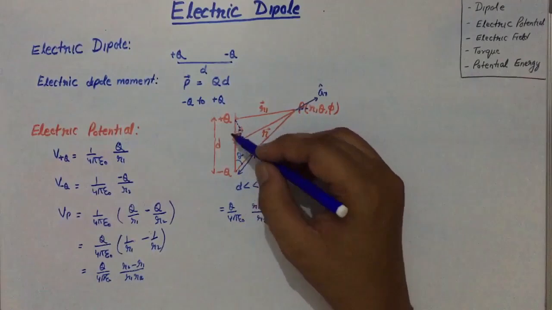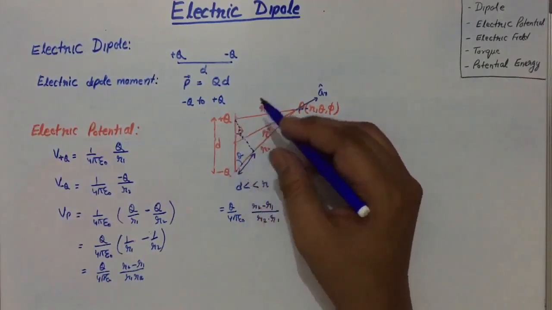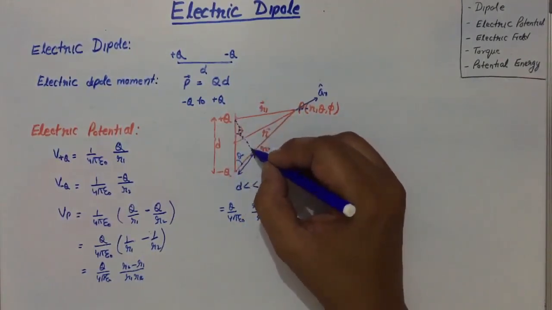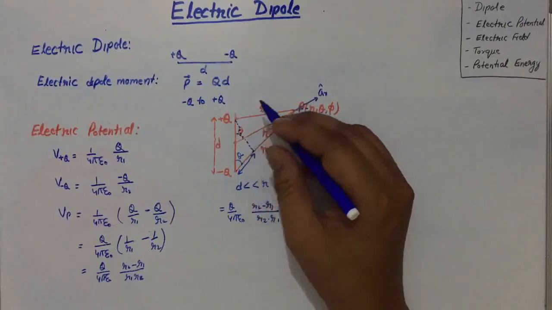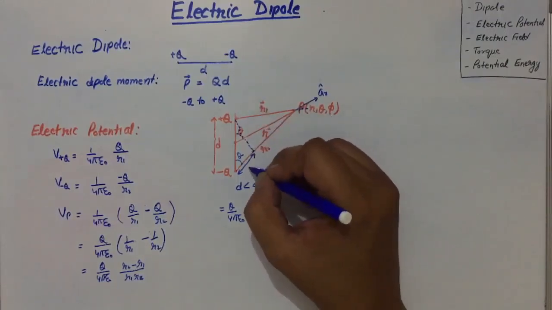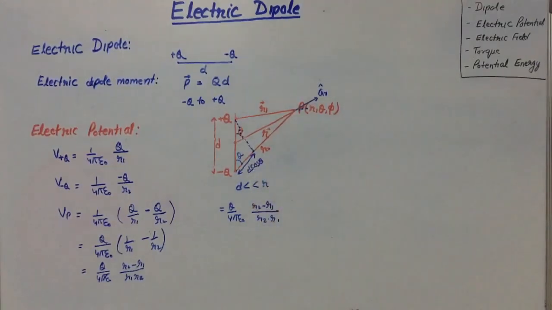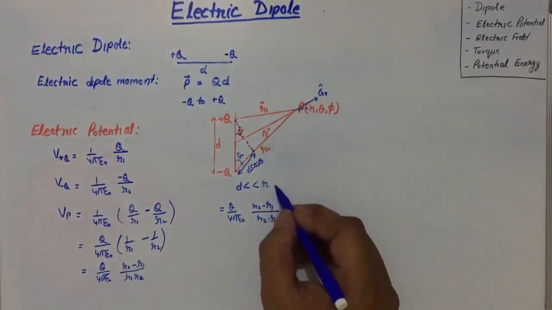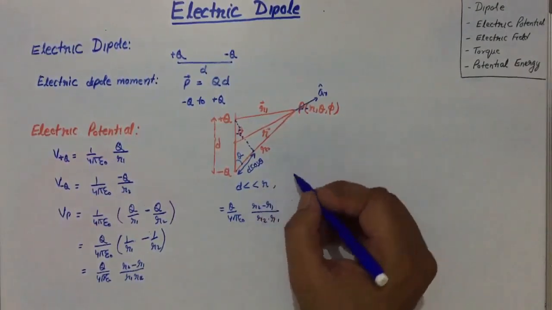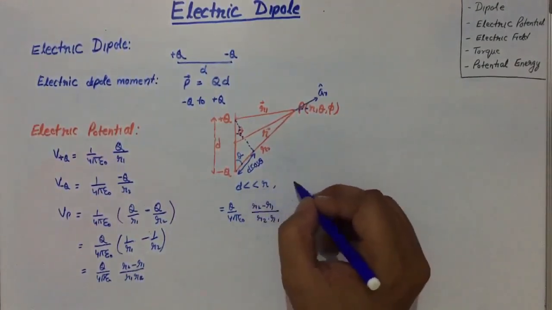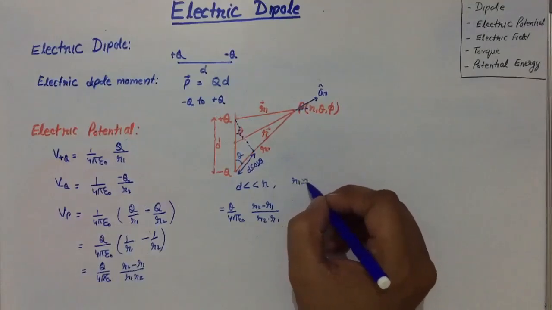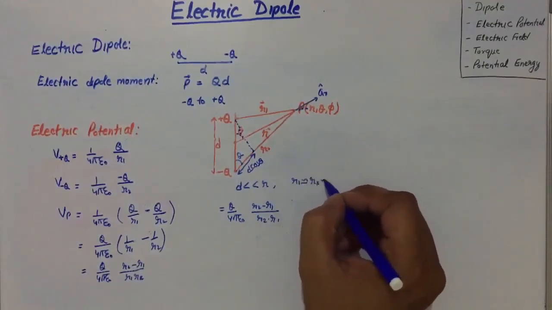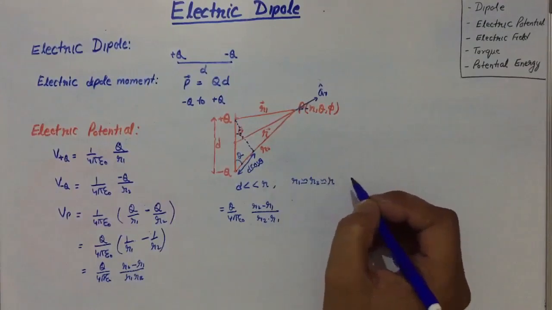and if it is d, and theta is almost 90 degrees, then it can be considered as d cos theta. This is the first assumption, and if it is so, then we can say R1 will be equal to R2 will be equal to R approximately.